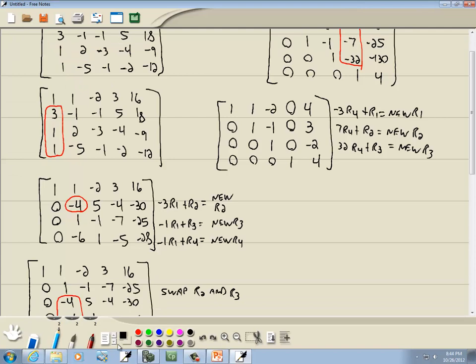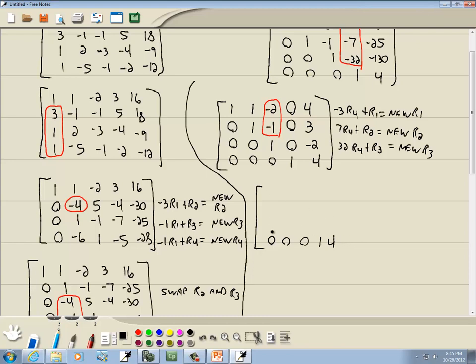Well, now we're working our way back up. We started this one, got zeros above it. So we're going to go to this next one, and we're going to get zeros above it. So we get zeros right there. I'm just out of space.